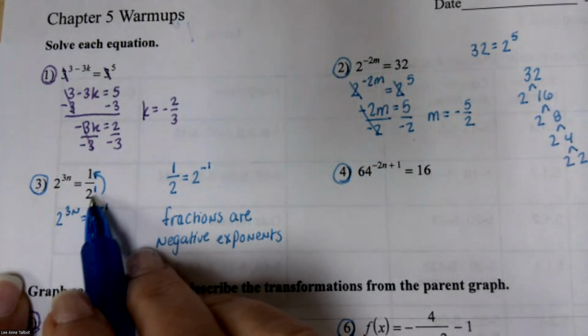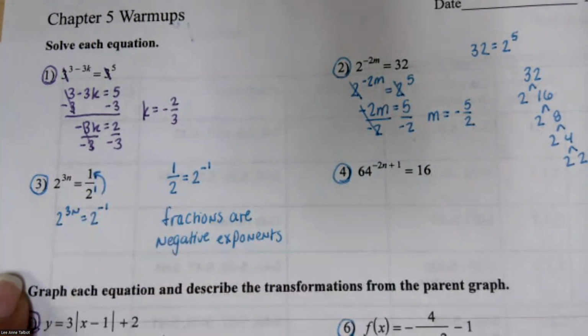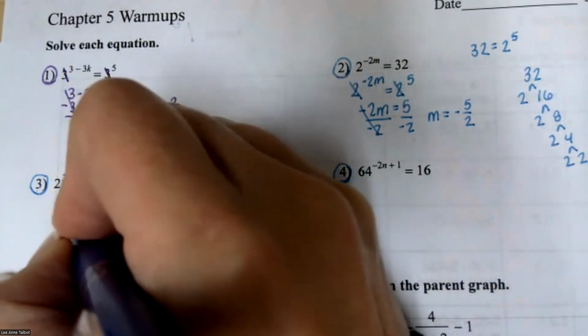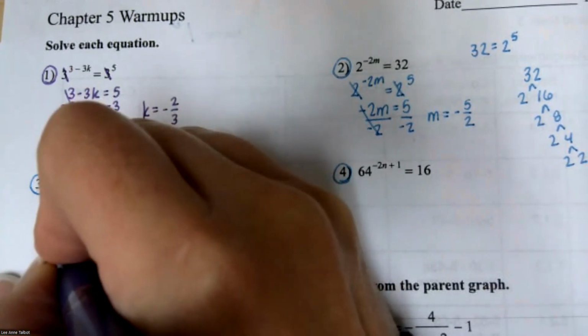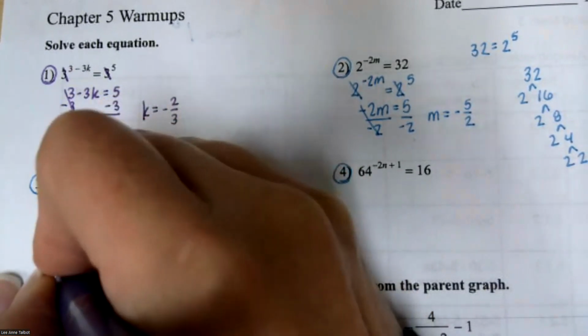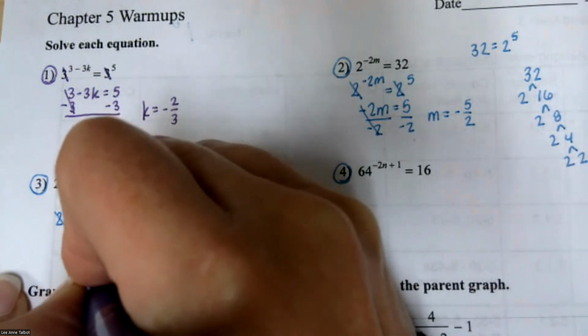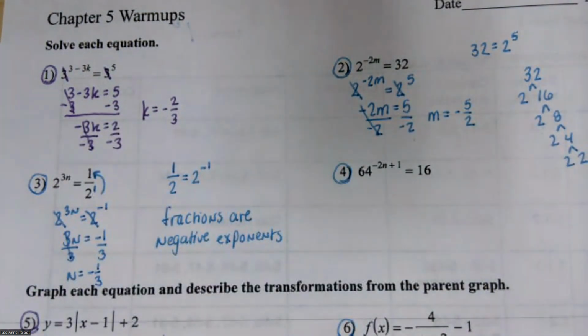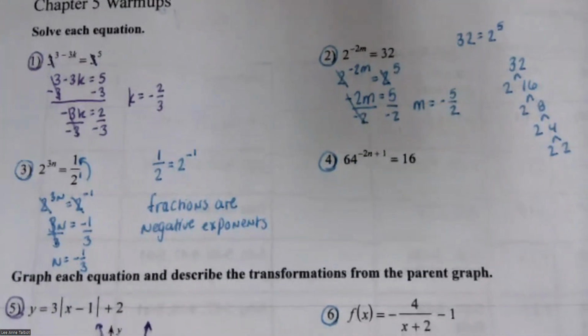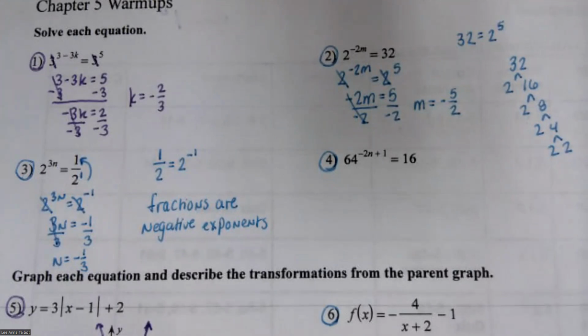First, put the little 1 on there, then move it upstairs and make it 2 to the -1. Okay, and now you have same base. Cancel, cancel. 3n equals -1. Now, all of these have come out to be fractions. That's not a rule. Some of them are whole numbers. It's not a big deal.